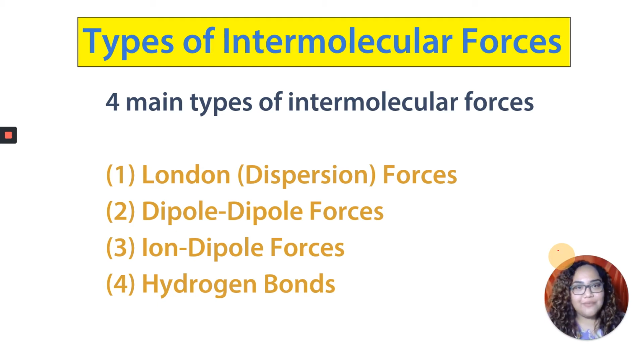So let's go to the IMFs, or the intermolecular forces. We have already talked about four main types in our previous lecture. You have the London dispersion forces, the dipole-to-dipole forces, the ion-to-dipole forces, and the hydrogen bonds.